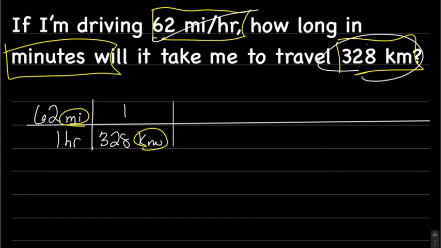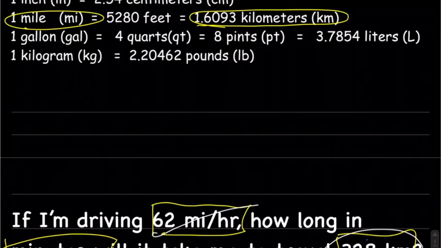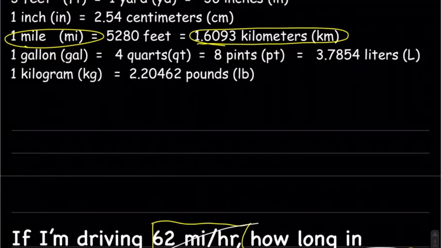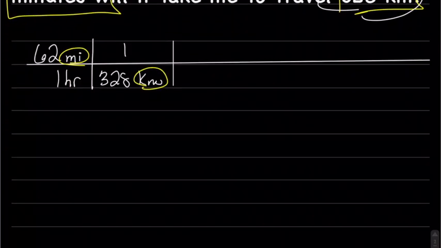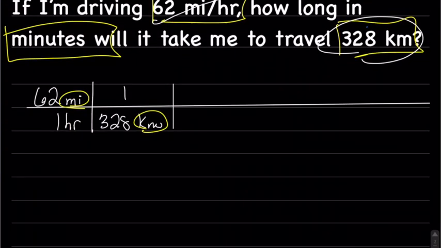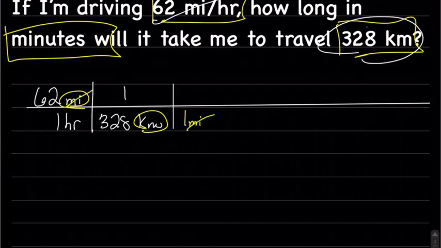So we're going to use that same equality up here. 1 mile equals 1.6093 kilometers. But this time we'll put 1 mile on the bottom so we can cross out this mile, right? And so then on the top we'll go 1.6093 kilometers. So those cross out.